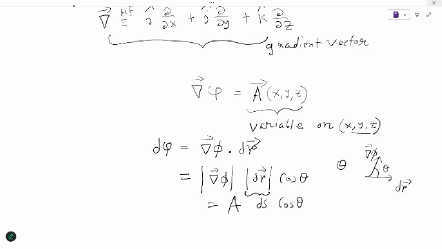So the change in phi, d phi, becomes some scalar times the infinitesimally small displacement times cos theta.